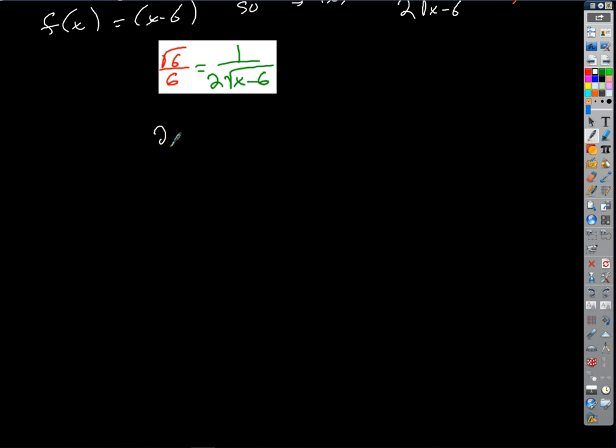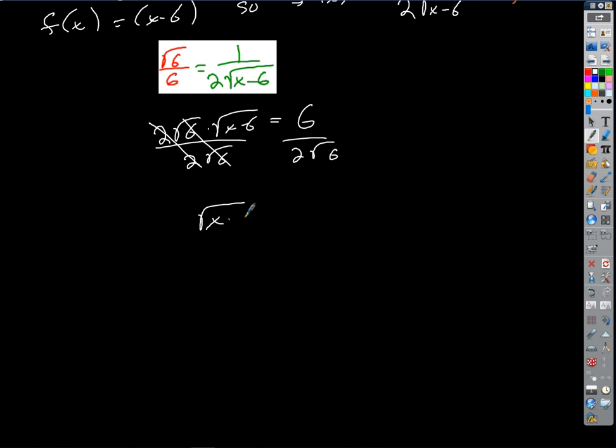So I get 2 radical 6 times the square root of x minus 6 equals 6. If I divide each side by 2 radical 6, the square root of x minus 6 equals 6 over the square root of 6, which is just the square root of 6. And now what?